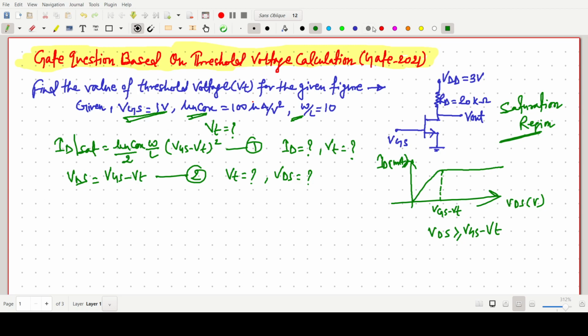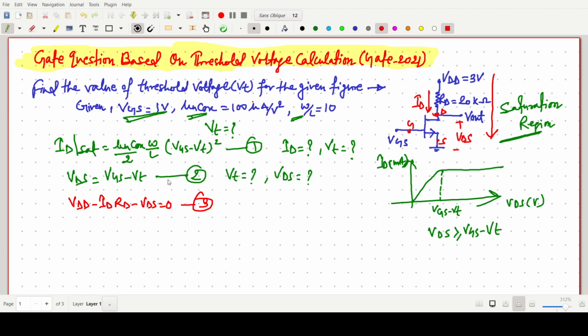That hidden equation can be easily found from the circuit. Vout is simply the drain to source voltage, with the drain, gate, and source as marked. By applying Kirchhoff's voltage law, we can write VDD minus ID RD minus VDS equals 0. This is the third equation: equations 1, 2, 3.